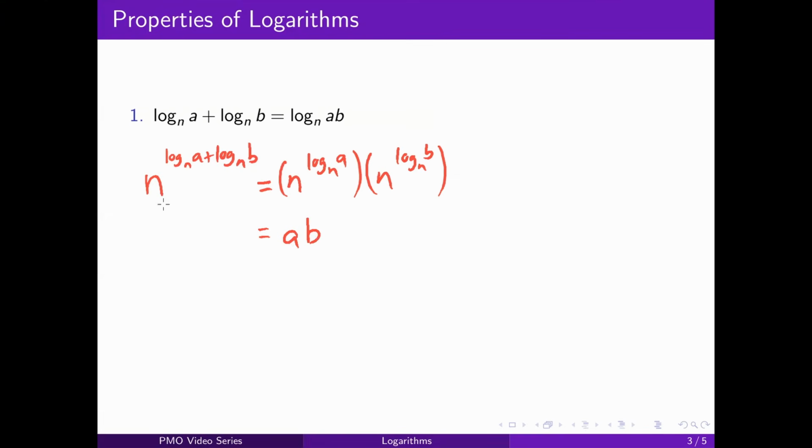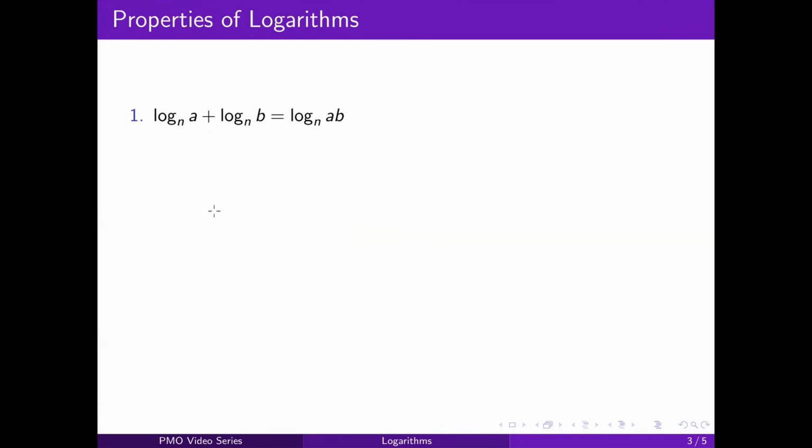So now you have n raised to the left side gives you ab. But again, by the way that logarithms are defined, in order to get a power of ab, the exponent that n would need is logarithm of ab base n. And thus you can conclude that these two exponents are equal. So that's how you'd prove this property.